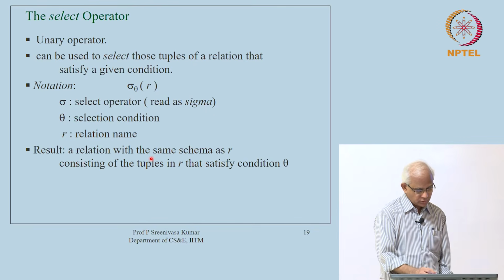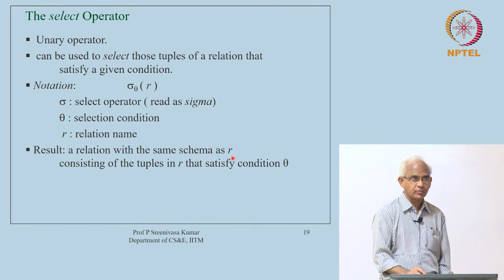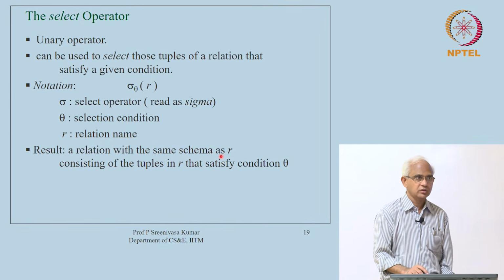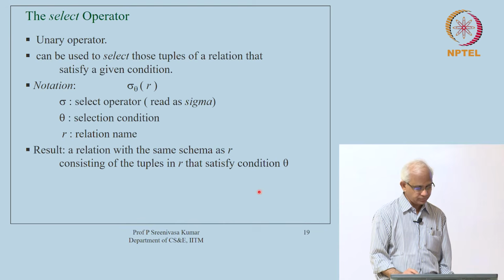So, the result is a relation with the same scheme as R, the same set of attributes, same order of attributes as R, consisting of those tuples in R that satisfy the condition theta.